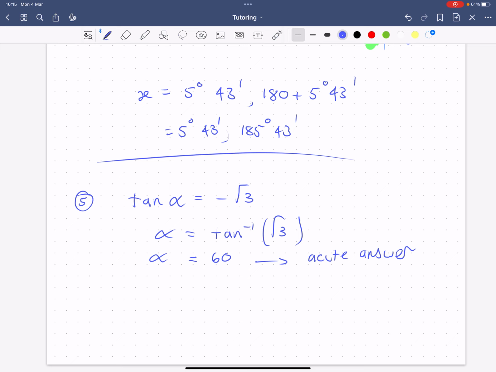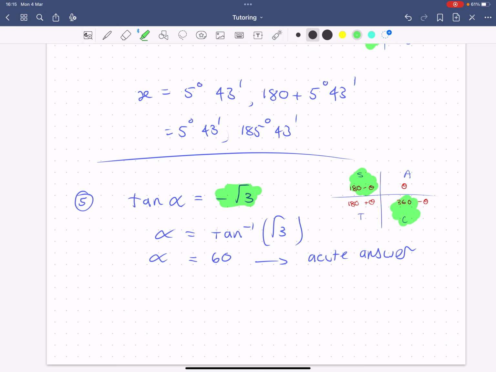But we need to consider our two quadrants that we're in. So we think of our All Stations To Central, and we have to ask ourselves, tan of alpha in the question, it's no longer positive, it's a negative number. So we only care about the quadrants for which tan is negative. And that's the second, because sine is positive there, and the fourth, because cos is positive there.